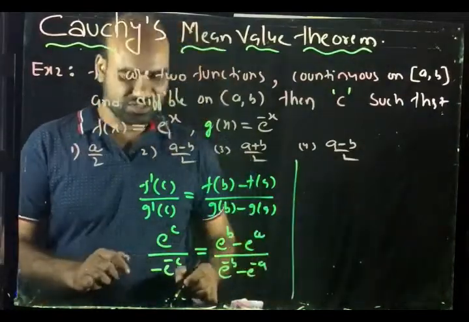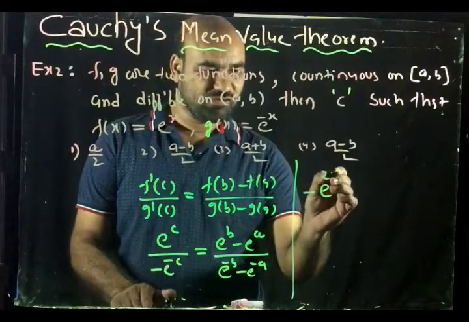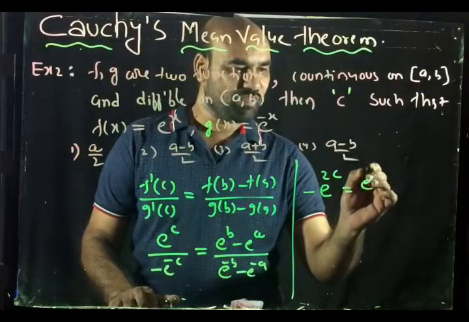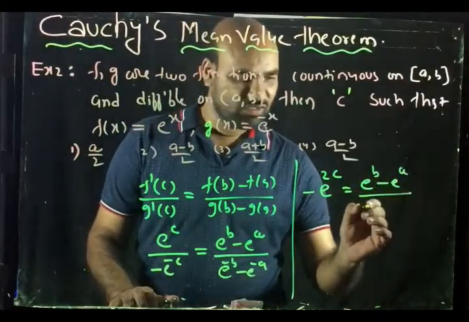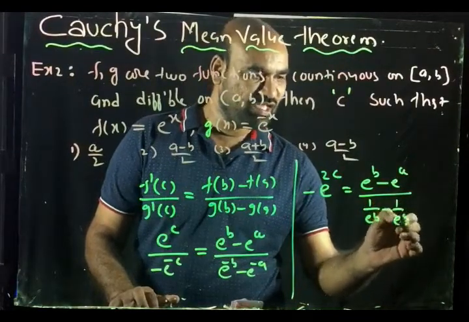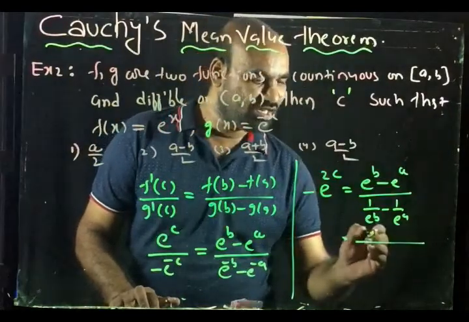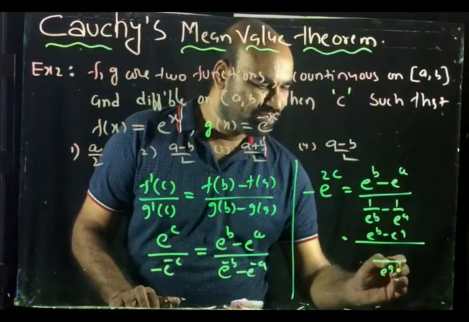Now we need to simplify it. Here, minus e power 2c is equal to e power b minus e power a by 1 by e power b minus 1 by e power a. If you take the LCM in the denominator, we get e power b minus e power a by e power a minus e power b over e power a into e power b.